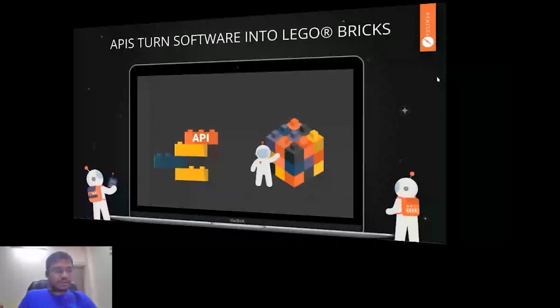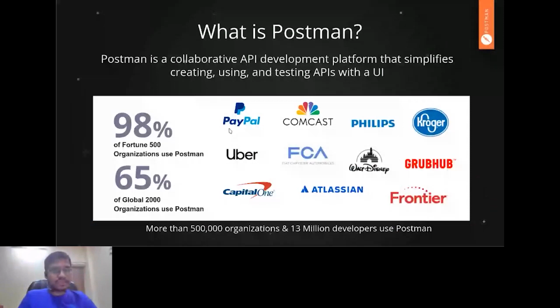So every company I guess uses Postman because it is not easy to test APIs. You need some sort of UI that can simplify that task for you, and that is what Postman does. It simplifies that task for you, and you can even test how good your APIs are. So APIs allow you to access your data, and Postman simplifies your task.